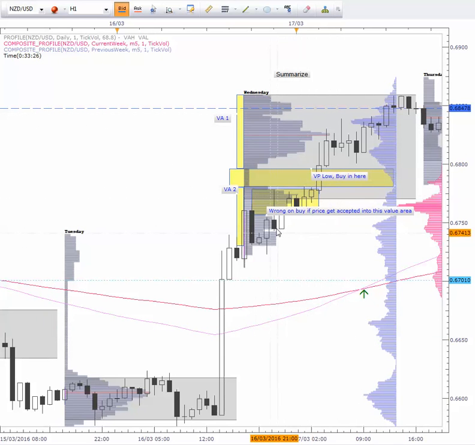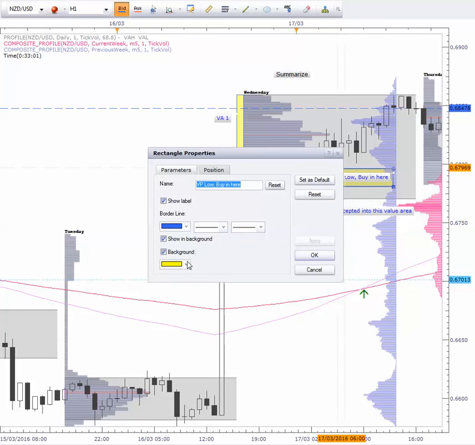And so if I'm looking for that pullback to be a buyer, where would be an ideal place? Well, an ideal place would be at a low, and I use the volume profile to determine that low. Then I've got this. I want to be a buyer in this blue rectangle.